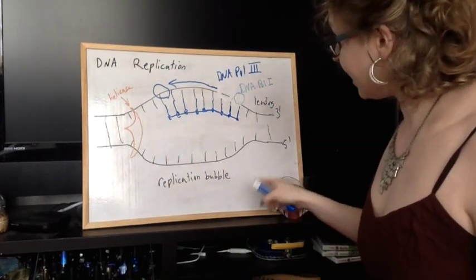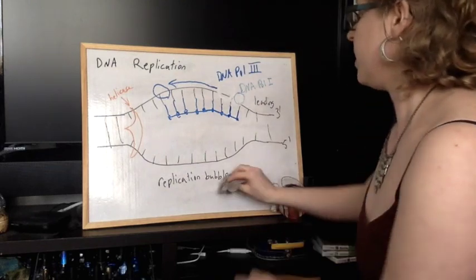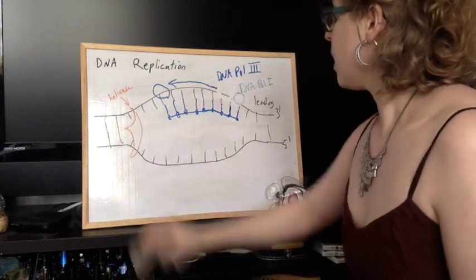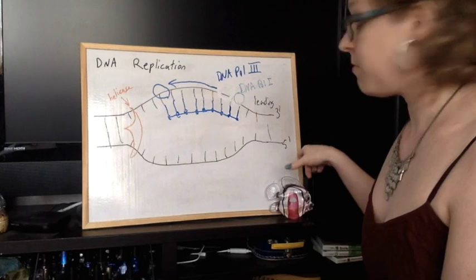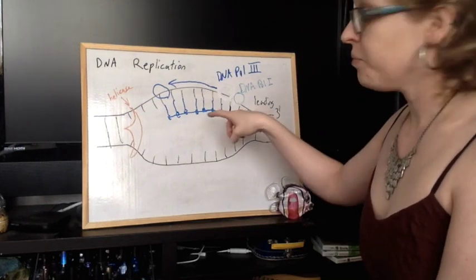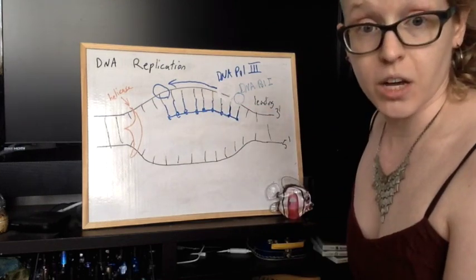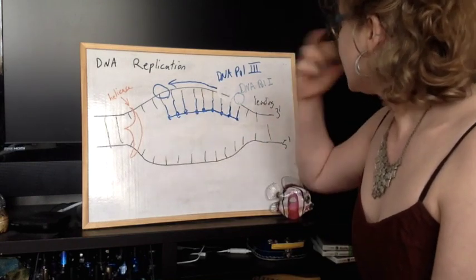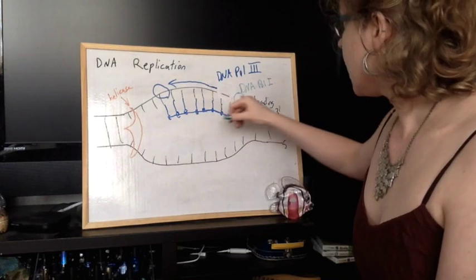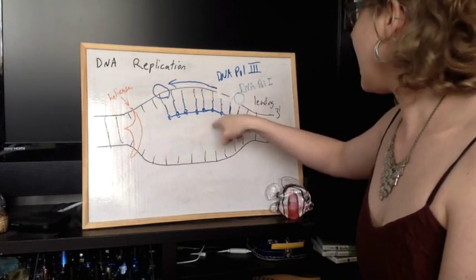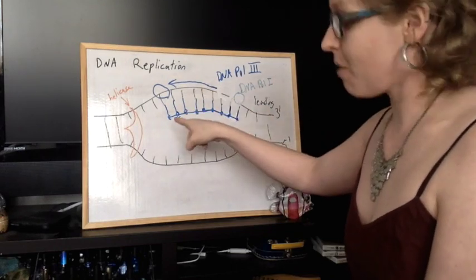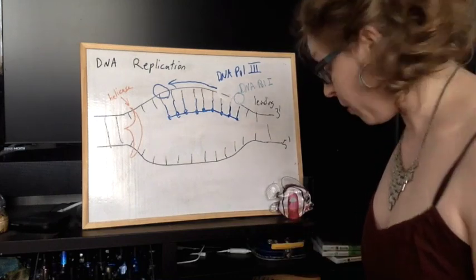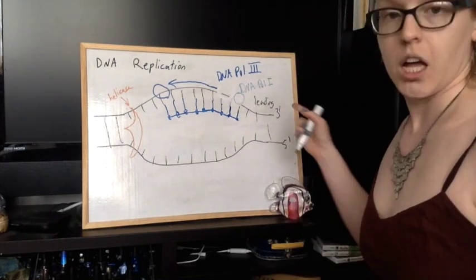Now, when we're talking about the lagging strand, we have to talk about this 3' 5' business. So, this is what I had wrong in the last video, which is why I'm spending my Monday this way. The DNA polymerase can only add DNA to the 3' end of the growing DNA strand.